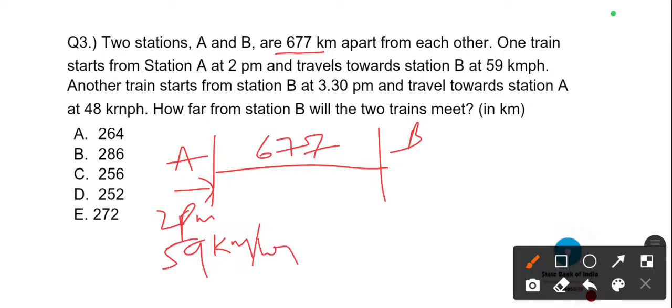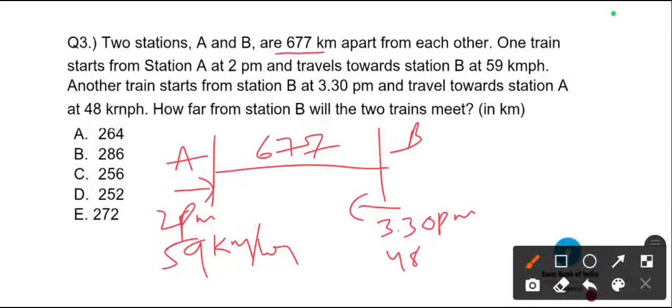And the train starts from B at 3:30 p.m. with a speed of 48 kilometers per hour. How far from B will the two trains meet?